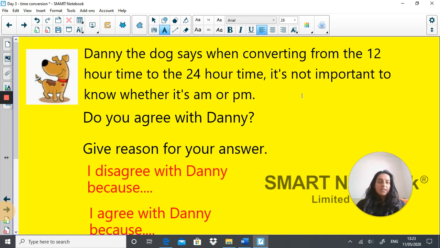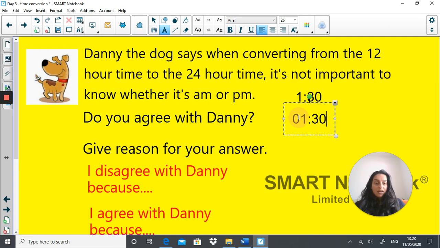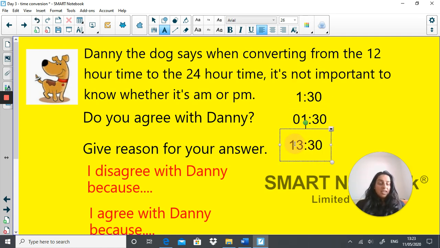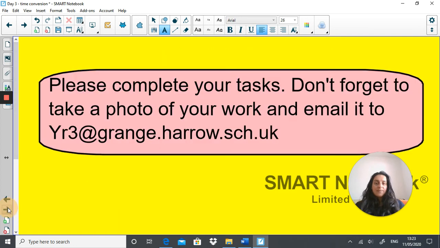For example, if I said it was 1:30 on the 12-hour clock, but I didn't tell you whether it's AM or PM, how do you know whether that would be 1:30 in the morning or 1:30 in the afternoon? So therefore, Danny Dog is wrong, because it's essential that we know whether it's AM or PM to be able to convert it into a 24-hour clock. And hopefully you got that right.